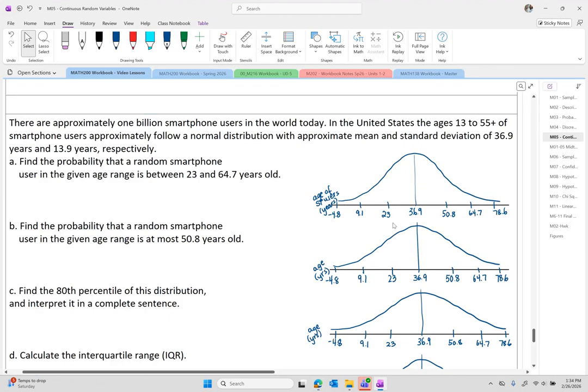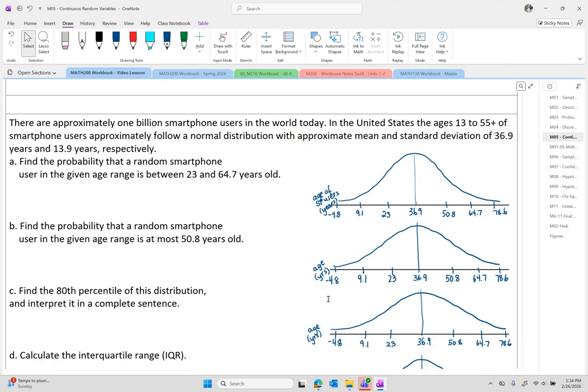And I will label my axis to indicate that this axis, the variable, is the age of smartphone users in the United States, and the unit of measure is years. So remember to always label your axis and let us know what these values represent.